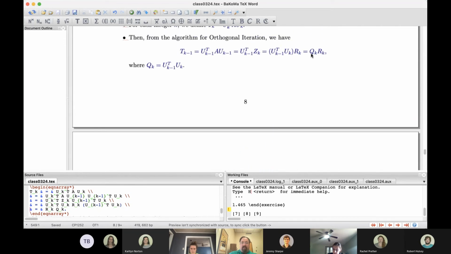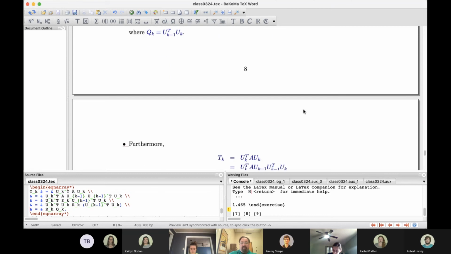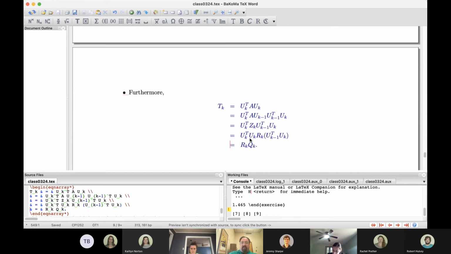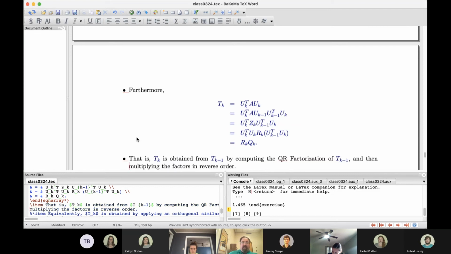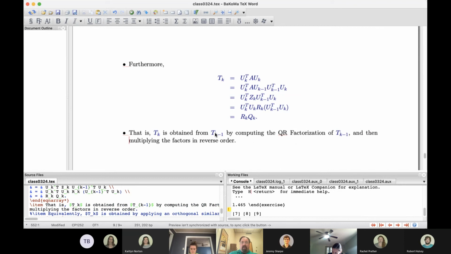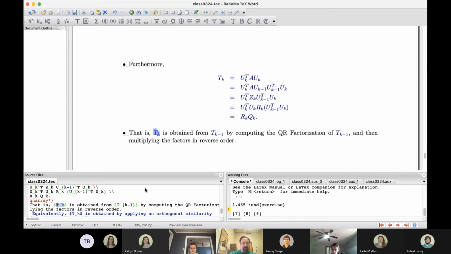T_{k-1} is Q_k R_k. That's a QR factorization. T_k, the next one, is R_k Q_k. In other words, to get T_k from T_{k-1}, we compute this matrix's QR factorization, and then we multiply the factors in reverse order, and that gives us this.